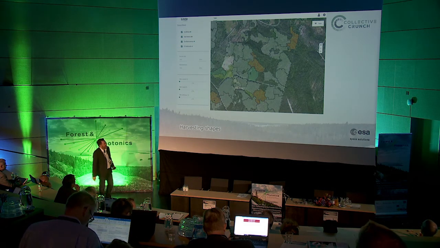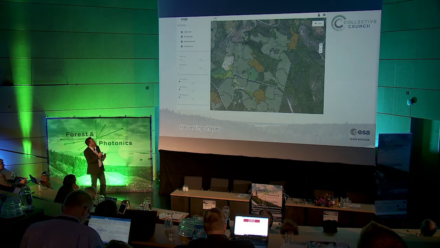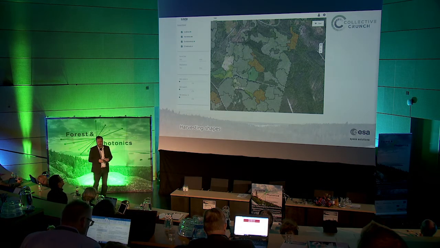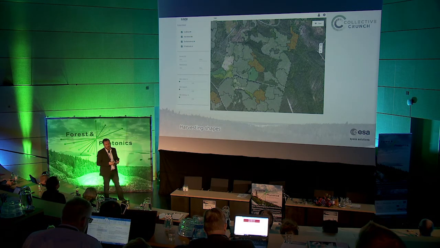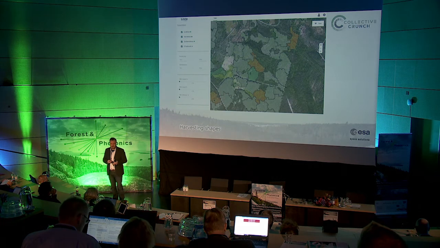And of course, it wouldn't be a good system for a planner if it wouldn't be easy to use. So the planner can select the shapes, usually, for example, for one operation. They can download it into their GIS tool, use it immediately, put it into production. Estimating that this saves millions of euros every year.